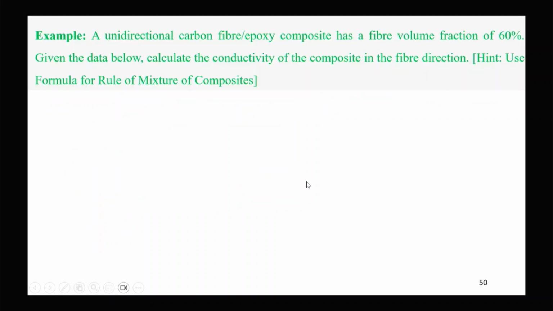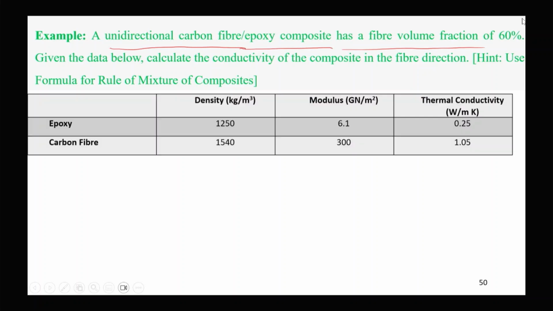And the last one is that a unidirectional carbon fiber epoxy composite has a fiber volume fraction of 60%. With the data given, calculate the conductivity of the composite in the fiber direction. Using the rule of mixture, we can also calculate the thermal conductivity. It is the same rule of mixture which we use for measuring density, modulus, and tensile stress.